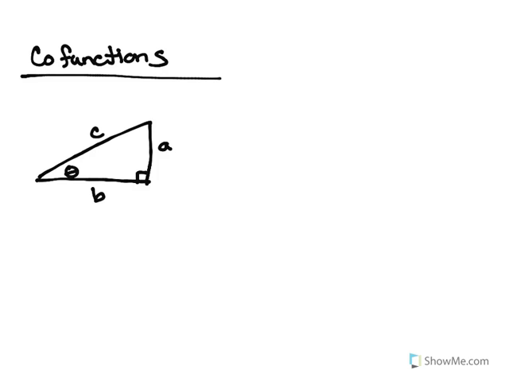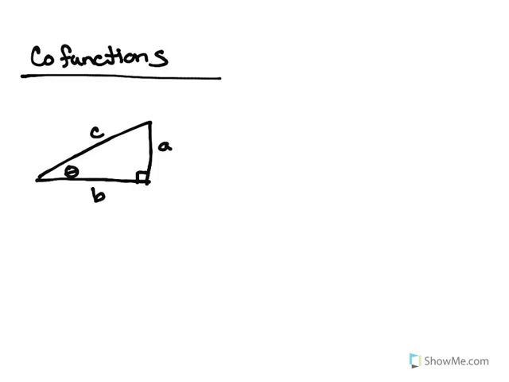Okay, cofunctions pair up our trig functions. They're not the same pairings as the reciprocal functions, though. But they are what they sound like. Cosine is the cofunction of sine. Cotangent is the cofunction of tangent.